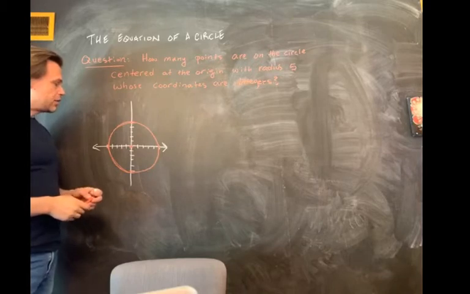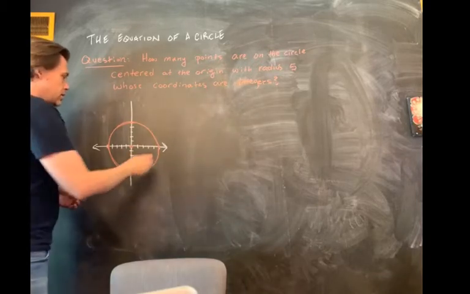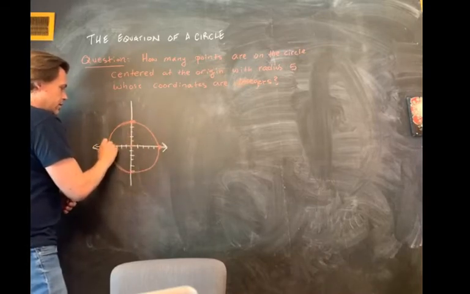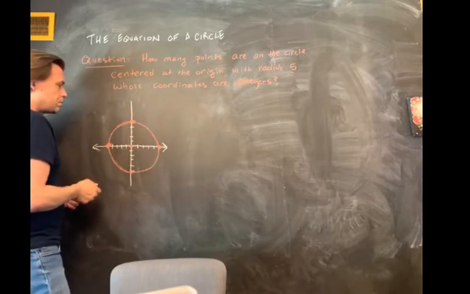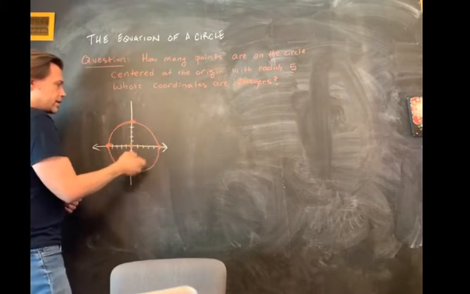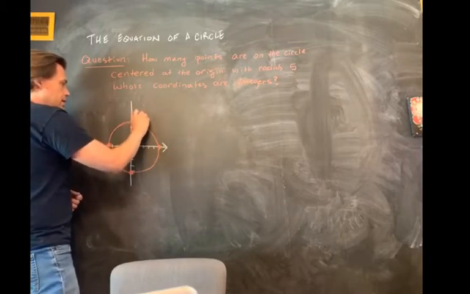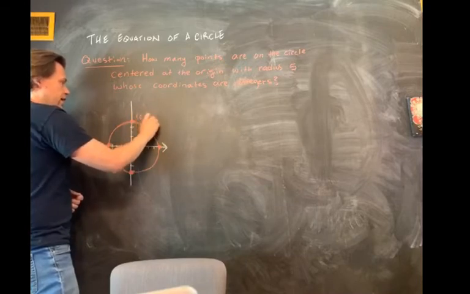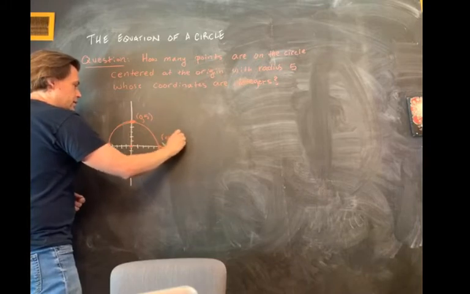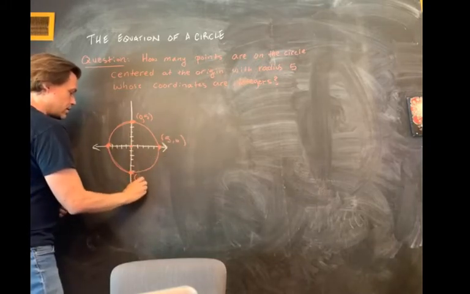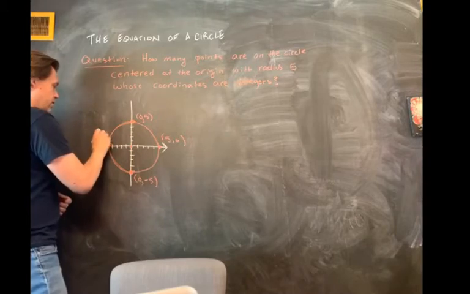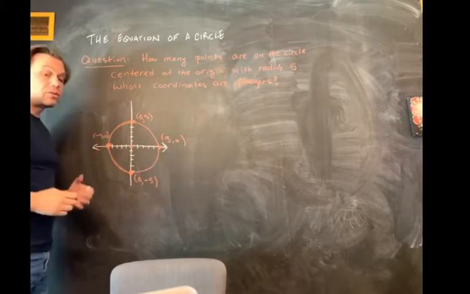And then I'm going to look for what are points on the circle that are integers. So, some of them you can tell right away, the ones that are exactly 5 away and on the axis. So that point is 0, 5. That point is 5, 0, 0, negative 5, negative 5, 0. Those are all integers.